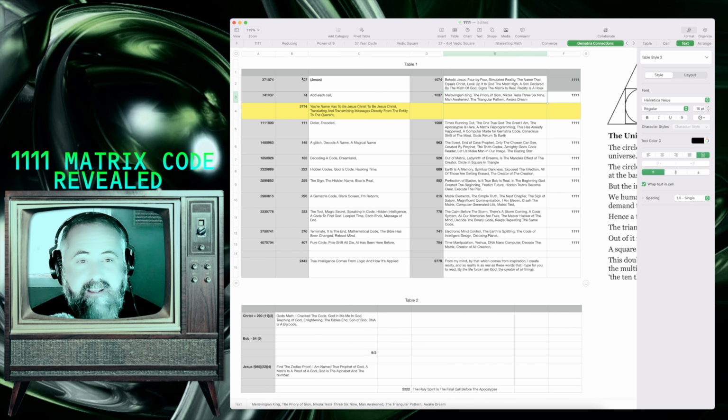The number 37 in Gematria, I could not find anything of value, okay? There were some odd things that popped up, but nothing that stood out to me, nothing that seemed to relate to what I'm doing here. So I had the name Jesus here because 37 seems to keep pointing back to Jesus.